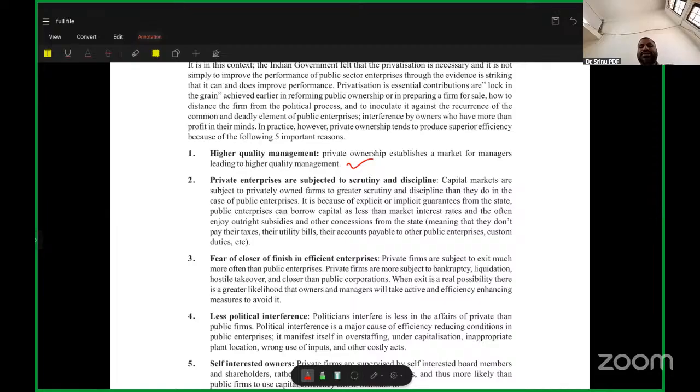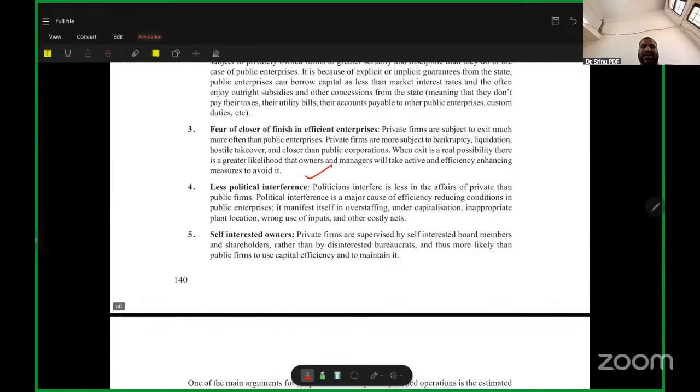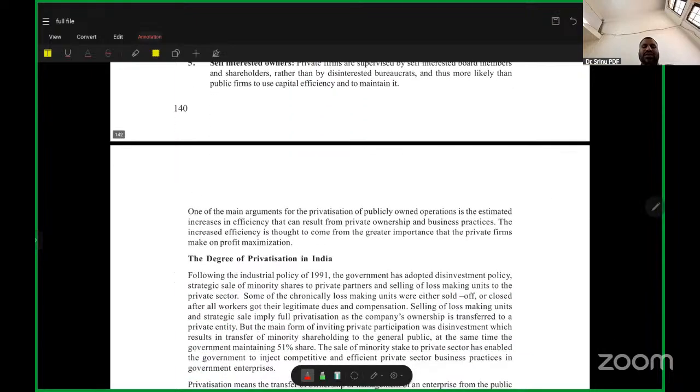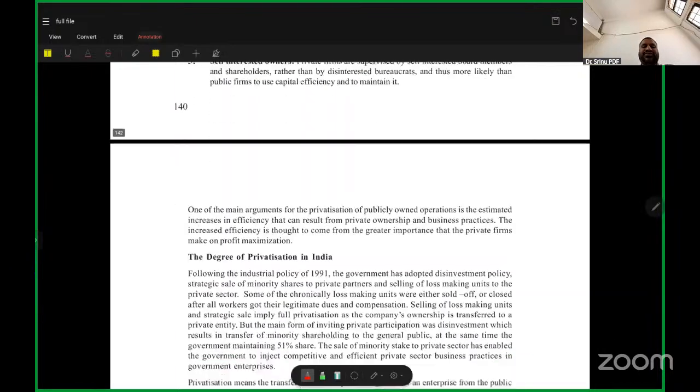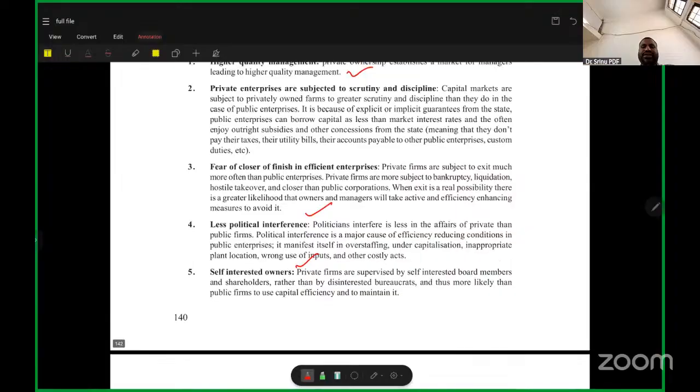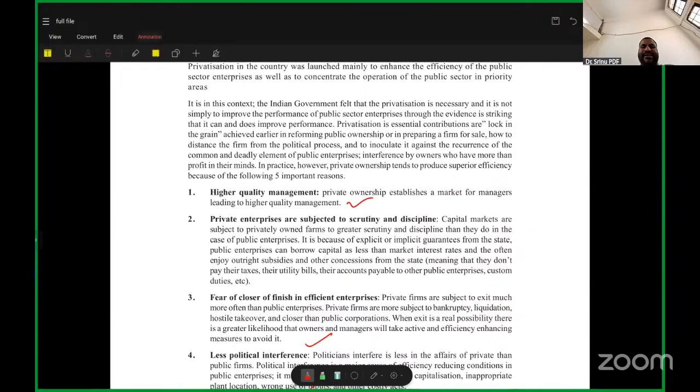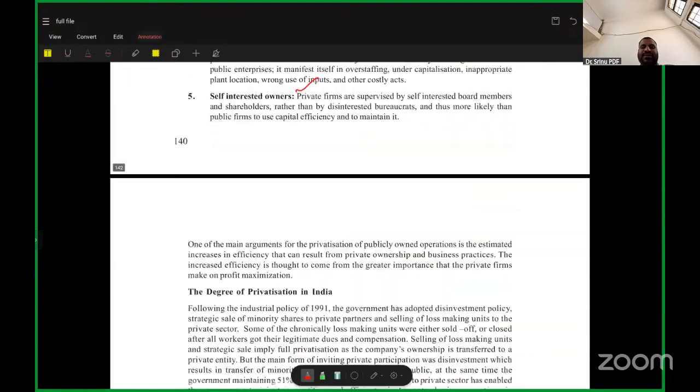And private enterprises are subjected to scrutiny and discipline, fear of closure of inefficient enterprises, less political interference, and self-interested owners. So these are the reasons for privatization.